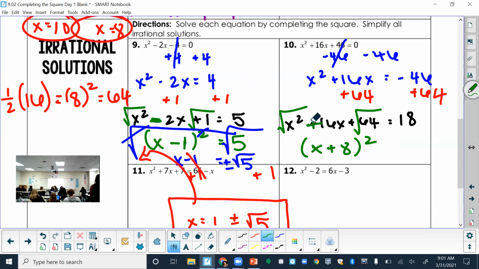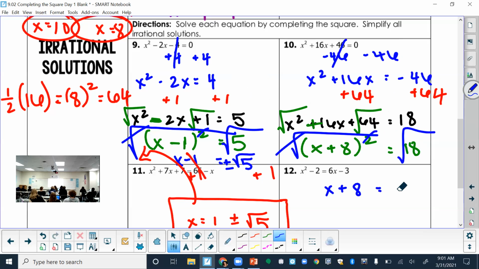The sign that goes in the middle depends on the sign on the middle term. All right, equal to 18, so that's what was already there. Solving for x, we're undoing what's being done. That's how we cancel out the square part. I get x plus 8 equal to the square root of 18.